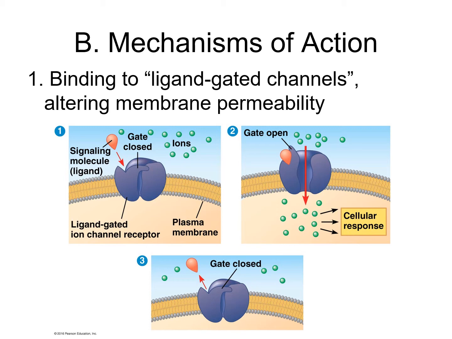The binding of the hormone to the receptor causes a change in the shape, the tertiary structure of this protein. It assumes its open conformation. It allows ions to diffuse in the cell. That would alter the charge on the inside of that cell and result in some kind of cellular response.